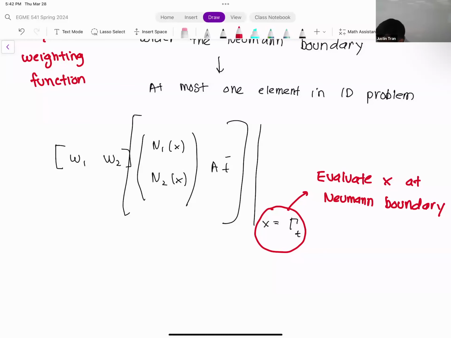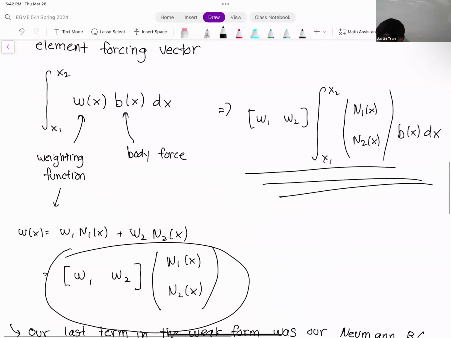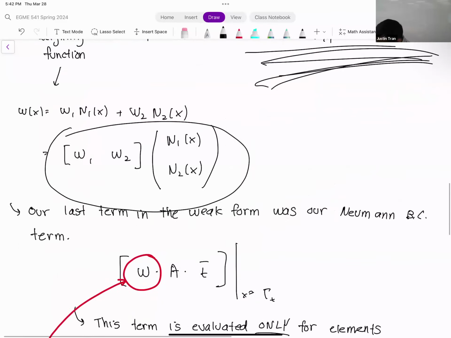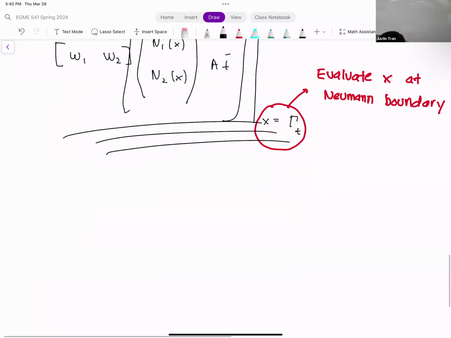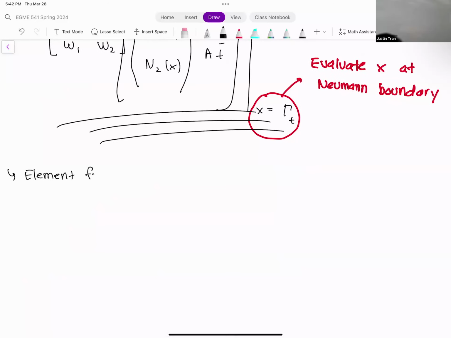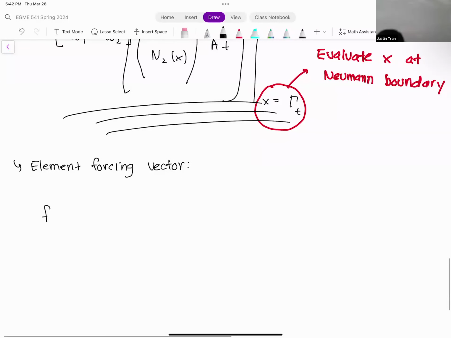And so putting those things together, our body force term here, as well as our Neumann boundary condition term, both of these things combined, or their sum, comprise our element forcing vector. So our element forcing vector is Fe, and it has two main contributions.